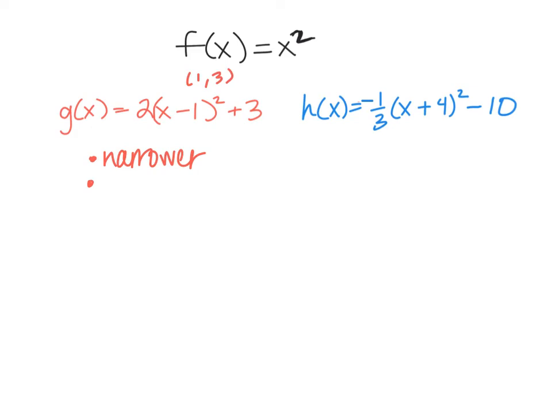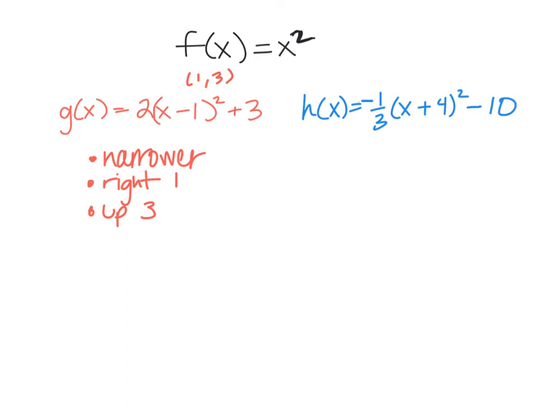So it's going to go right 1, and that plus 3 at the end tells it to go up 3. And that a value here, positive 2, will tell it to open up. Cool, let's do the last one.